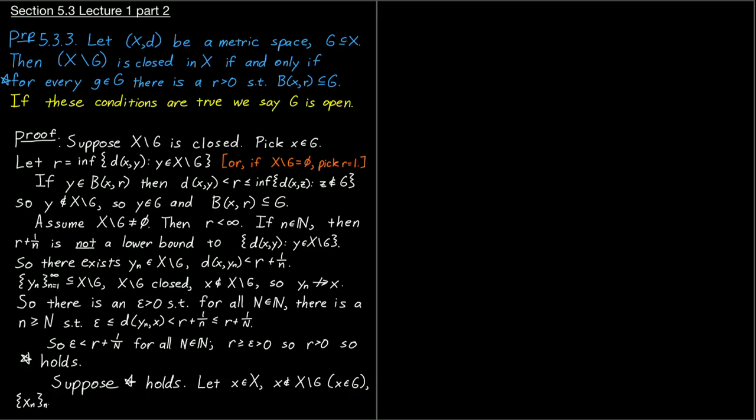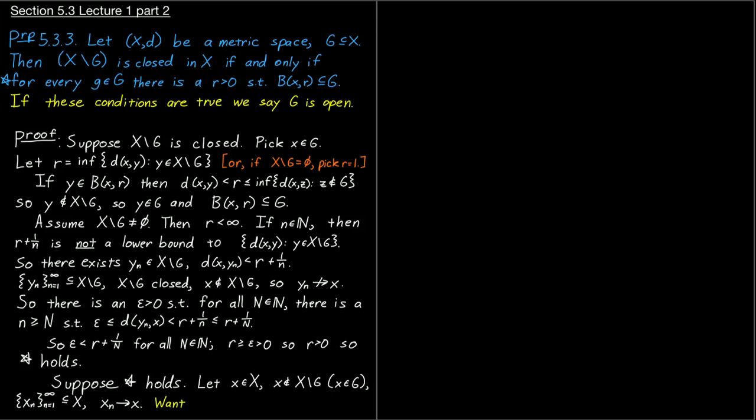And we're going to grab a sequence of points in X that converges to our target point that's not in our thing we're claiming is closed. And then what do we want to do?